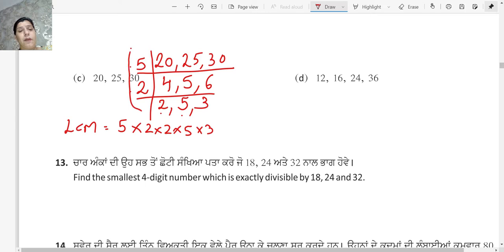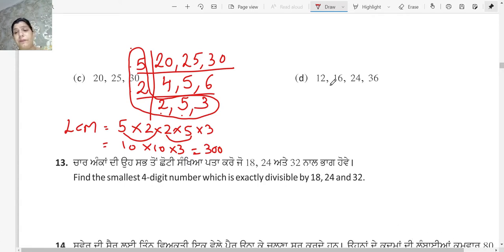You multiply all these numbers and you will get the LCM. Now 5 2s are 10, 5 2s are 10. So 10 into 10 into 3. So 10 10s are 100 into 3, that is 300. So this was a very easy question. I got the LCM as 300.